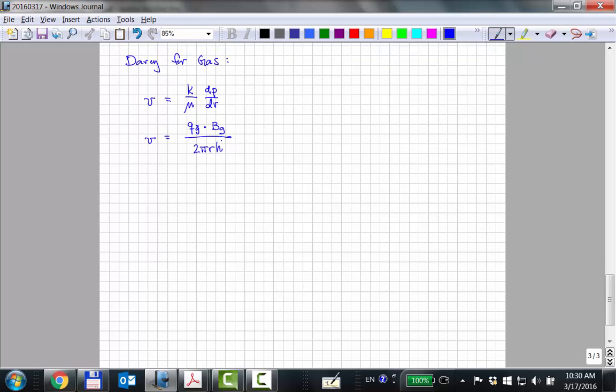Okay. And BG, hopefully you guys are remembering that, is given by this constant here, P over Z. Okay. So that's equal to QG, which I'm now just going to write, well, I'll write it surface.